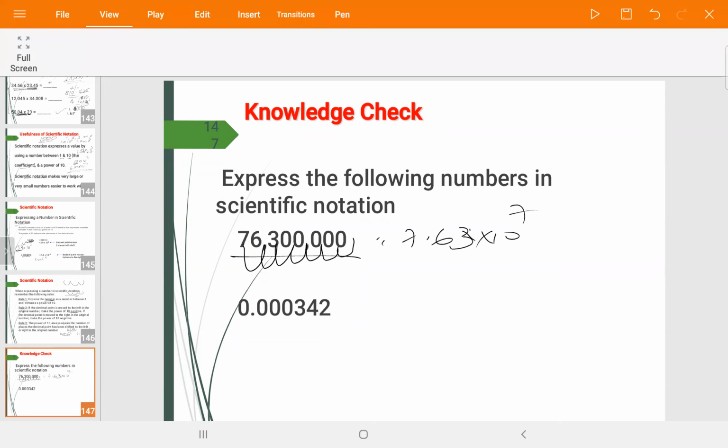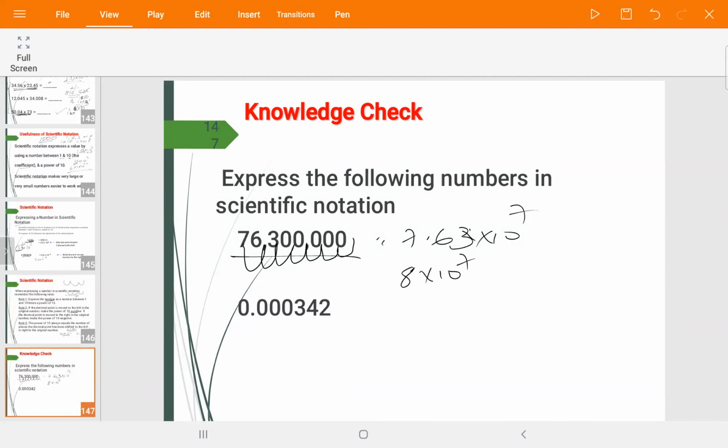Now express the answer in one digit, I mean in one significant figure. 8 times 10 to the power of 7, excellent.